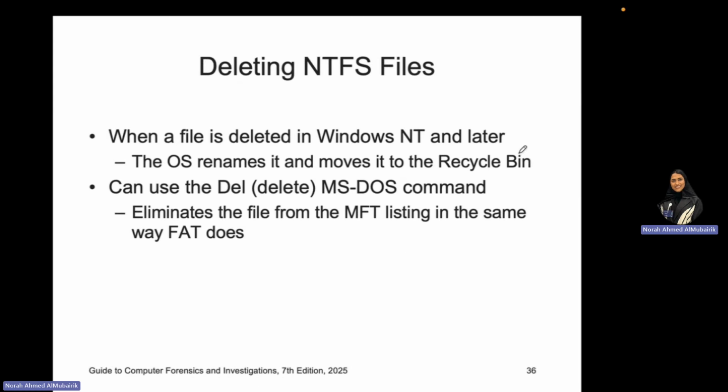If you delete any file and put it in the recycle bin, in this situation, the operating system will rename not only the first letter, but the whole file. It will rename the whole file and move it to the recycle bin, but it can be recoverable.